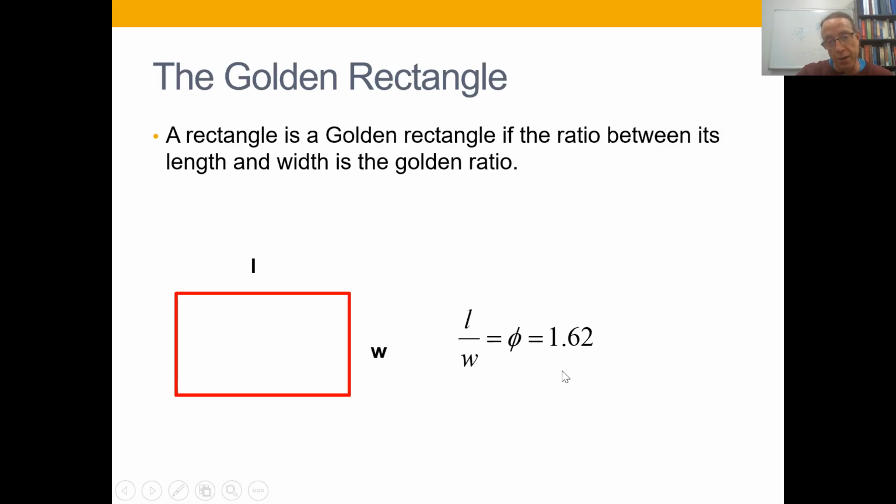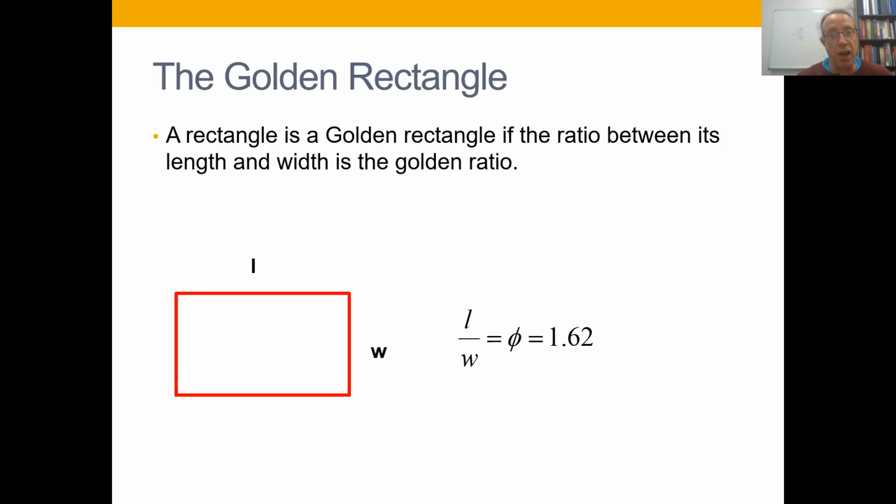And by the way, the Greek letter that represents the golden ratio most likely is phi, that's PHI. I won't worry about that too much. It's just a Greek letter, just like alpha, beta, omega, or any of those. It's just used as a variable, just like pi is from the Greek alphabet.